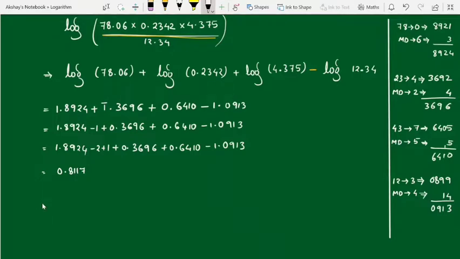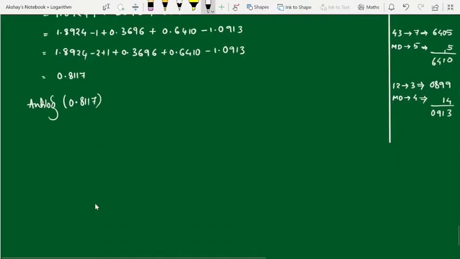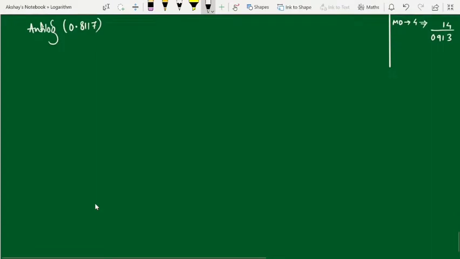What is our next step? We have to calculate the anti-log of 0.8117. So shall I shift the page? Okay. So anti-log of this value, what you have to see in the anti-logarithm table: 0.81, under that 1, under that 7. So let me write over here, anti-log table.